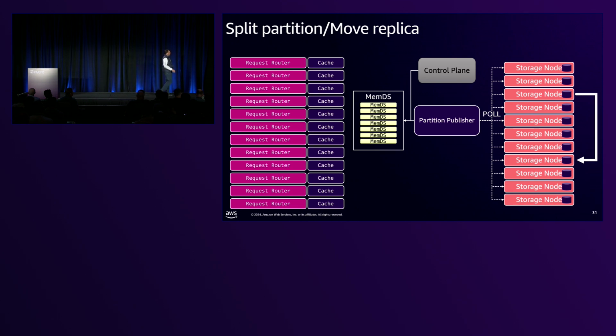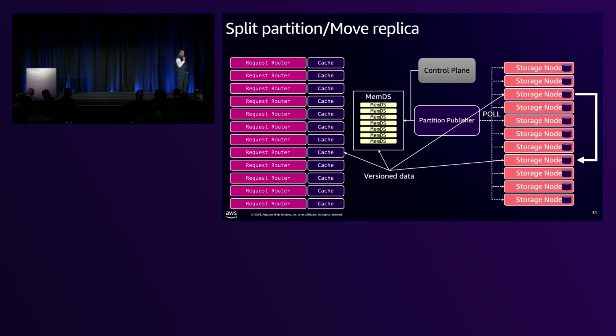At some point, the partition publisher will come along, it will do a poll, and it'll figure out what's going on. So at this point, we've got a situation where MemDS has a view of the data, which is potentially stale. The storage nodes are the ones which really know what they have. So a storage node's got some number of partitions on it.